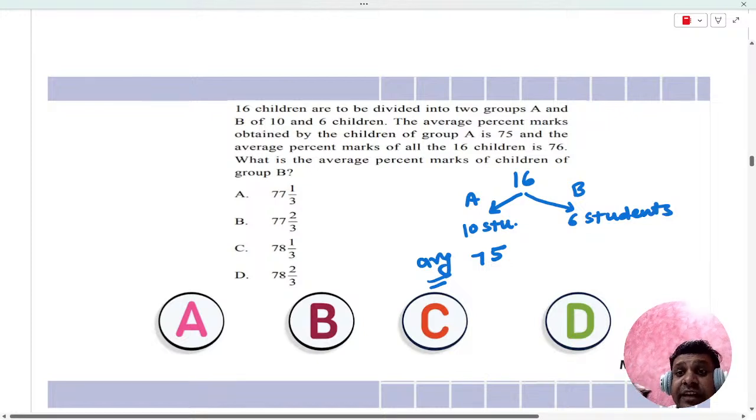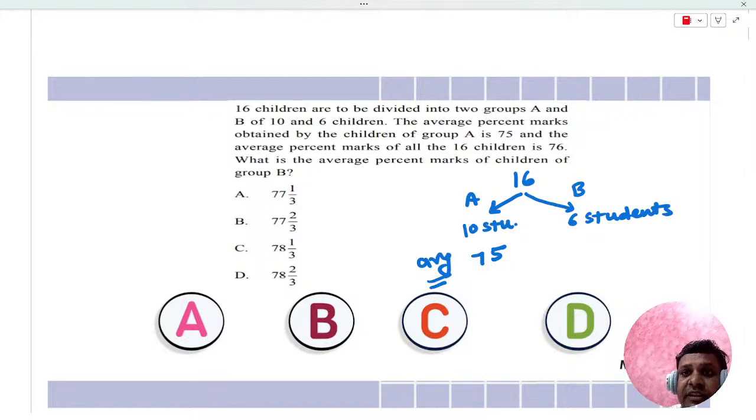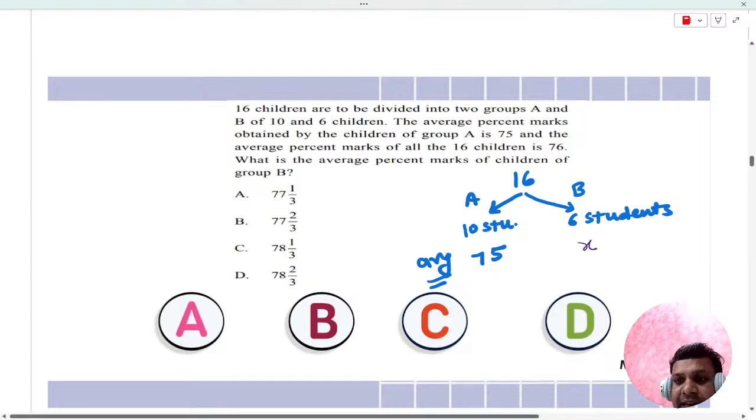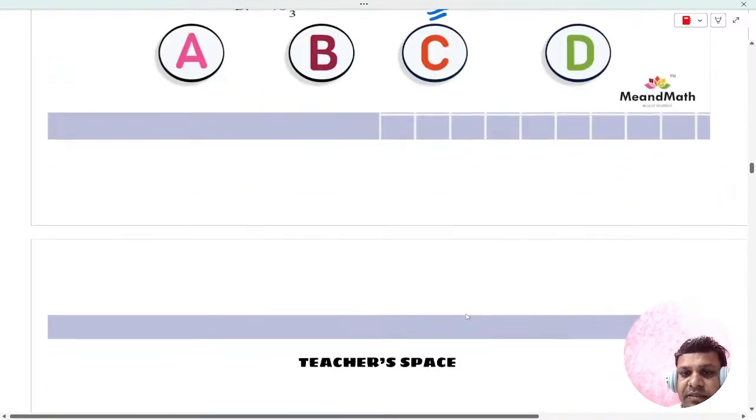For group B, we have to find the average marks. So let's suppose the average marks are X for group B. And for the total, average marks are 76. Now let's move to the working space.